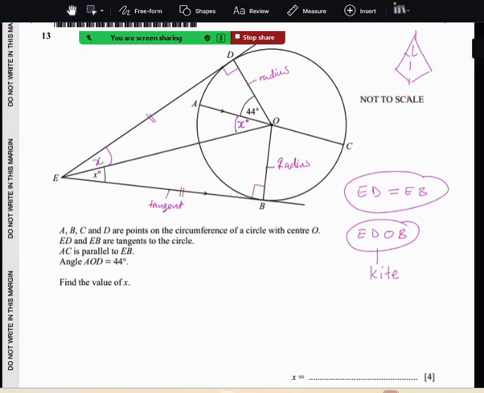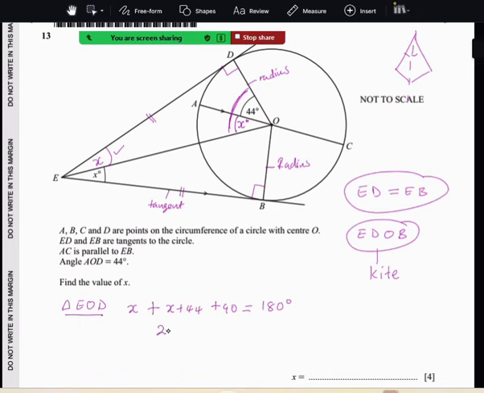I'm going to consider triangle EOD. Considering that triangle EOD, if I add this angle x plus this whole angle that I have there, which is x plus 44, plus the 90 that I have there, I must get 180 degrees, because that's a triangle.